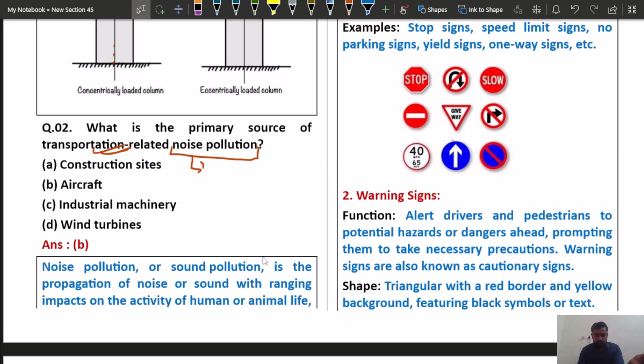If you are talking about transportation related noise pollution, then it will be produced by either aircraft, traffic on the roads, or highway, railway. So these are the sources of transportation which are related to noise pollution. So our correct option will be aircraft. Now proceeding to the next question.